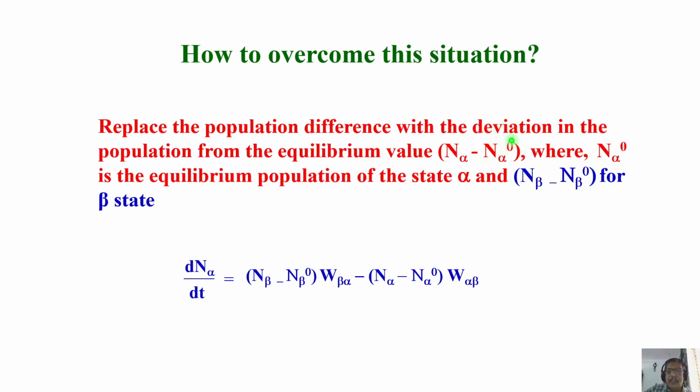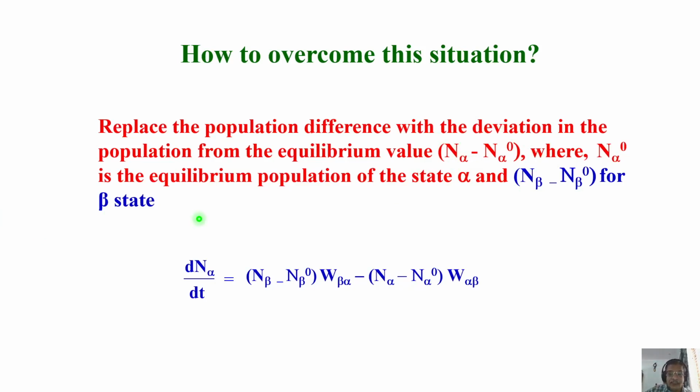The deviation of the population from its equilibrium value is called n alpha minus n alpha superscript 0, where n alpha superscript 0 is the equilibrium population of the state alpha. Okay, this is the equilibrium population and this is the total term, the deviation from equilibrium. Same way you can define for the beta state also.